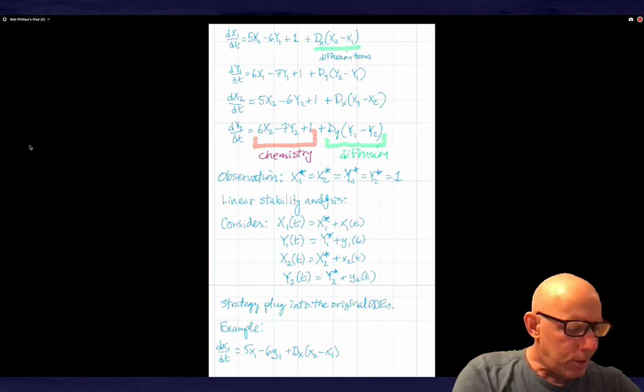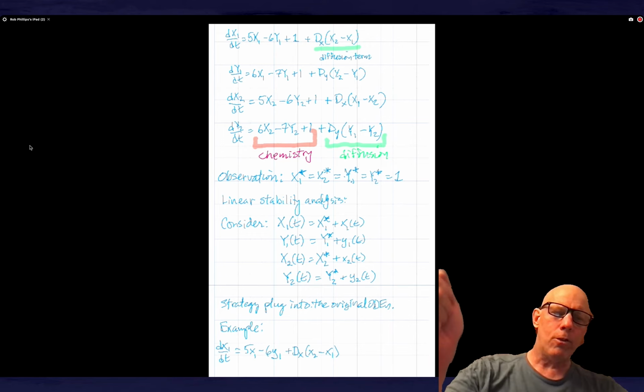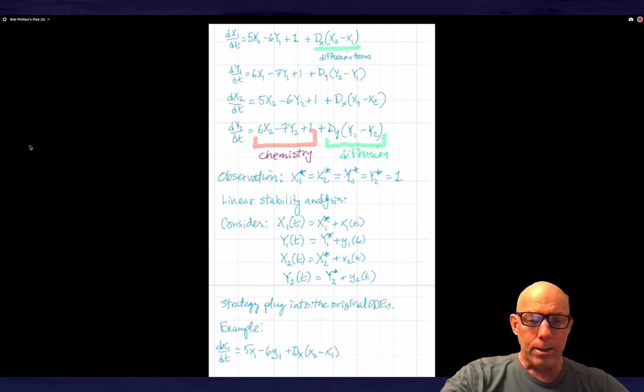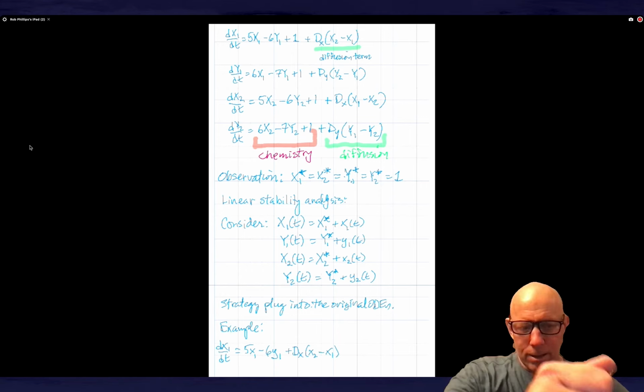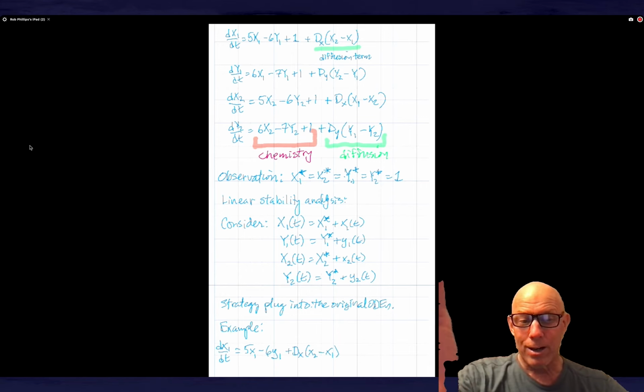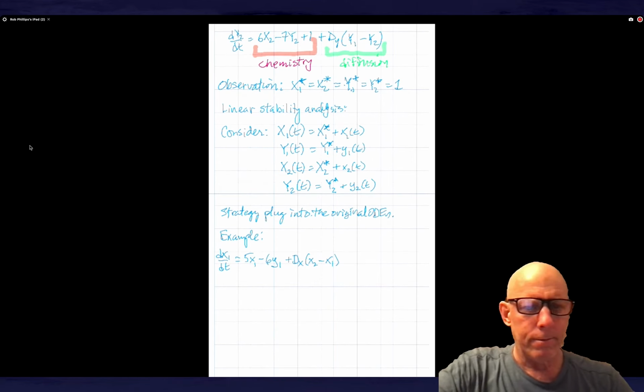And then when I do x2 minus x1, what I'm going to get is x2 star plus little x2 minus x1 star minus little x1, but x1 star and x2 star are equal, so they drop out of the parentheses, and that's why I'm left with this thing.